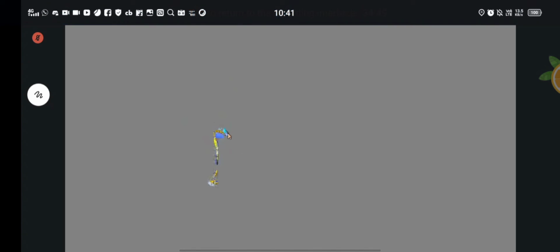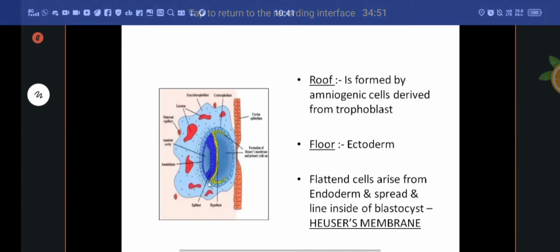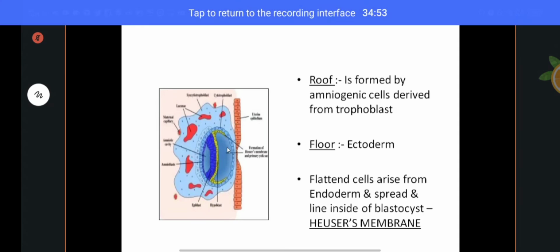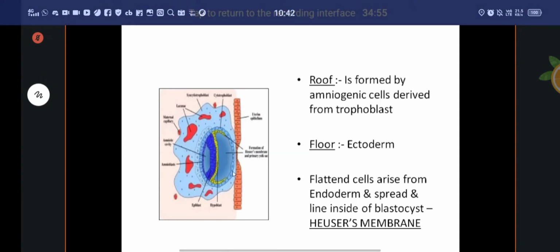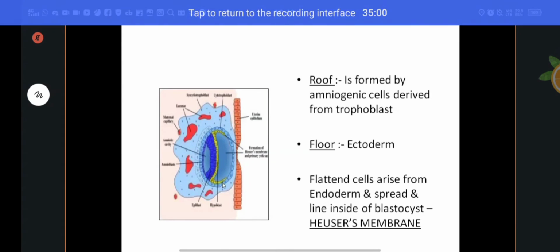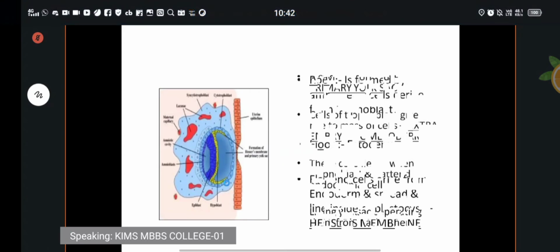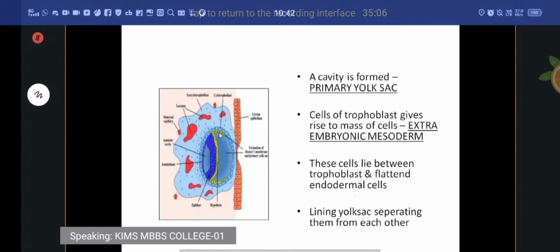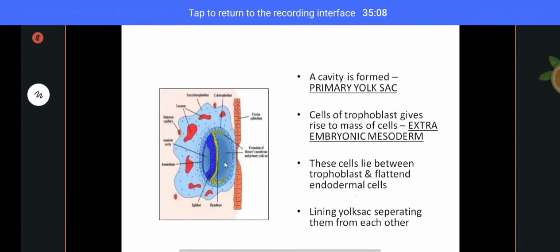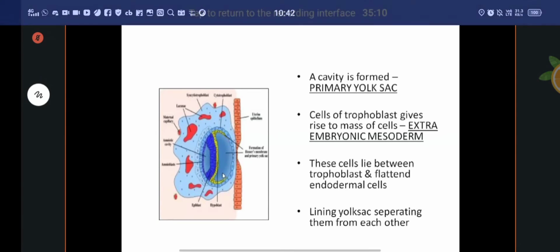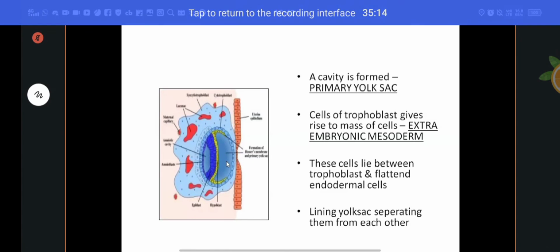These cells lining the inside of the blastocyst are called Heuser's membrane. Now, a cavity is formed over here, and it is called the primary yolk sac.